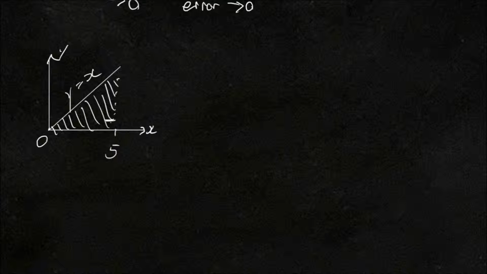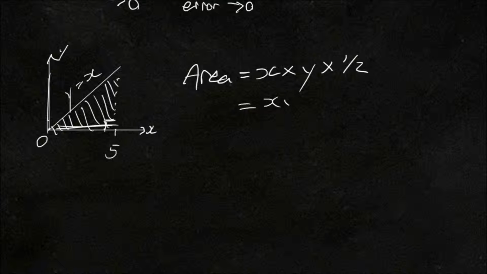But we know that for a right-angled triangle, the area would be equal to our x times by our y, which is our width there, times by the height, times by a half. Or in this case, because it's 45 degrees, it would just be x times by x times by 1 over 2, which is 25 divided by 2, which is 12.5.